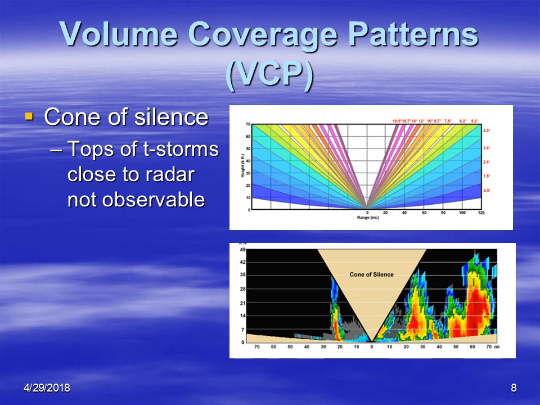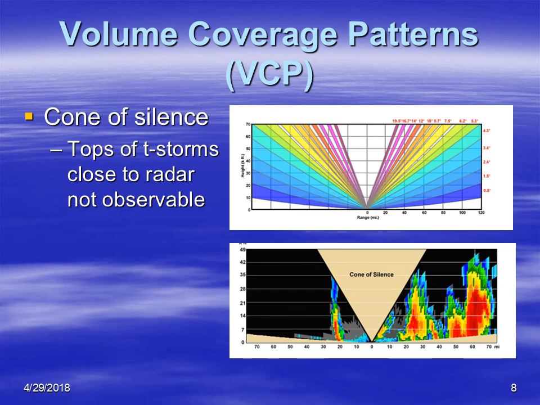And remember that also with volume coverage patterns, the radar does not scan all the way up to vertical. In other words, it's not pointing straight up. In precipitation mode, it only goes to about 19.5 degrees. So if there are thunderstorms close to the radar, then it will not be able to pick out their tops because the radar beam is only scanning perhaps through the middle of the storm.